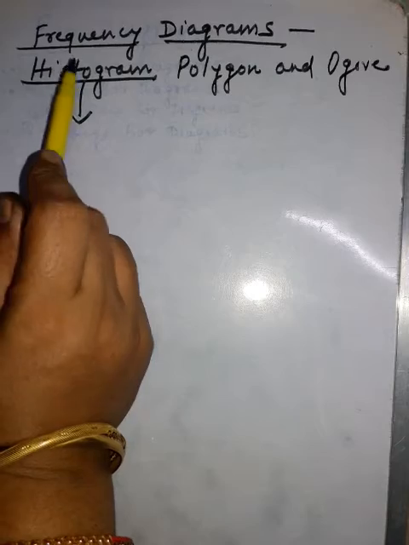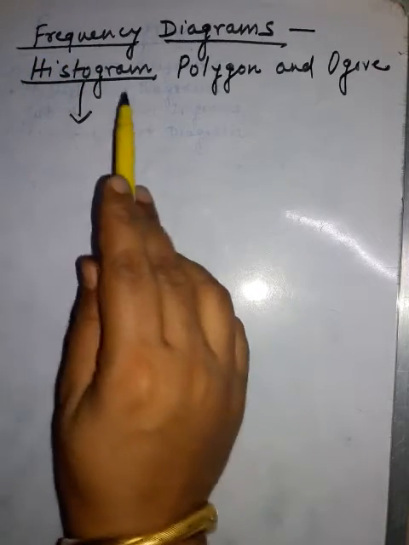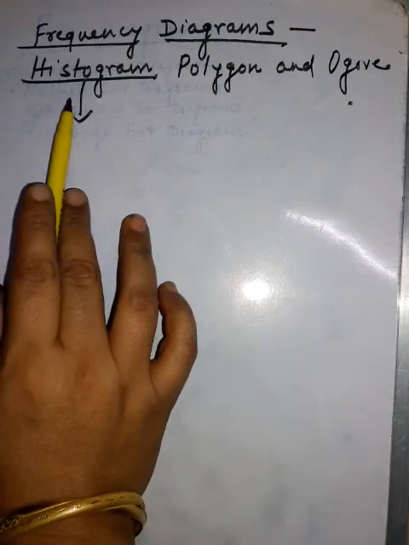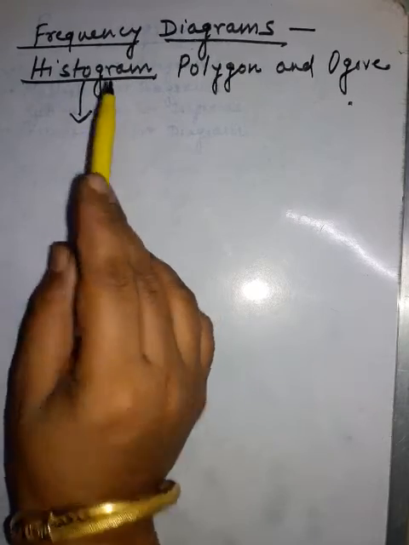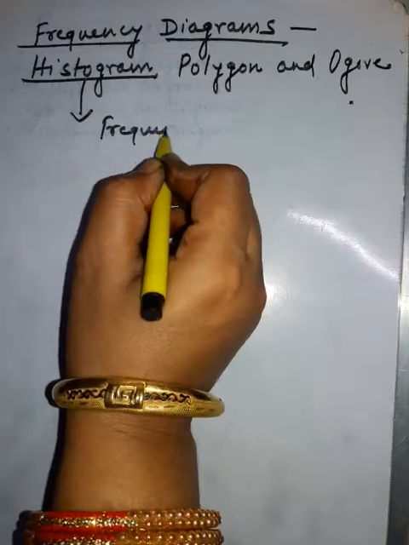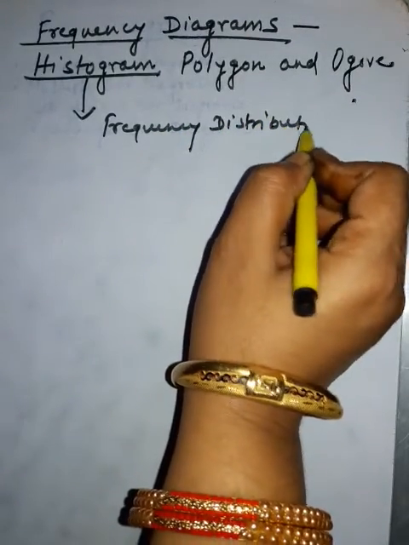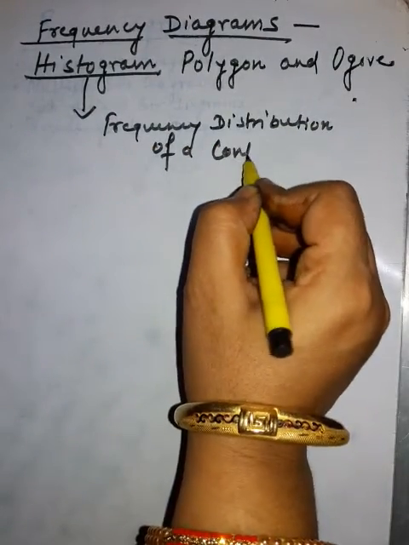If you have frequency given, then data can be shown in three forms, that is histogram, polygon, and ogive. First is the histogram. The histogram is the graphical presentation of a frequency distribution of a continuous series.